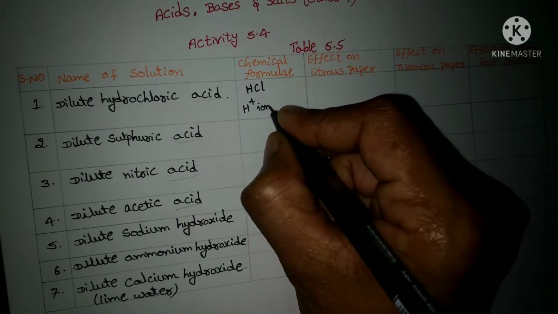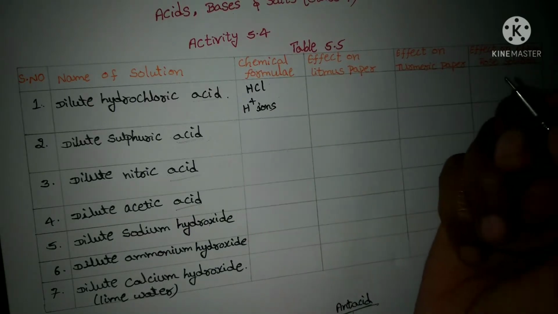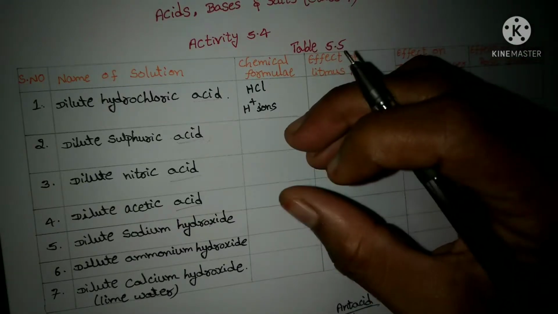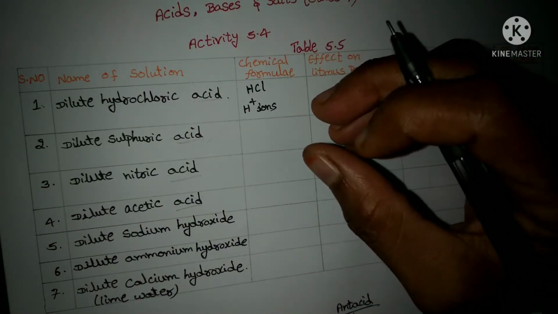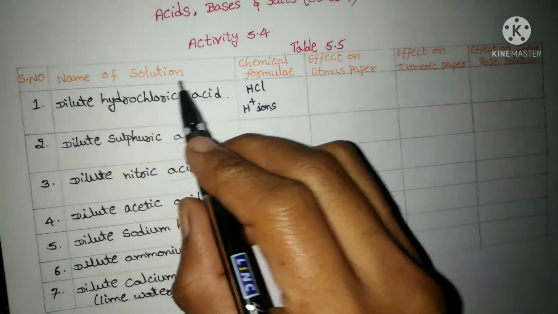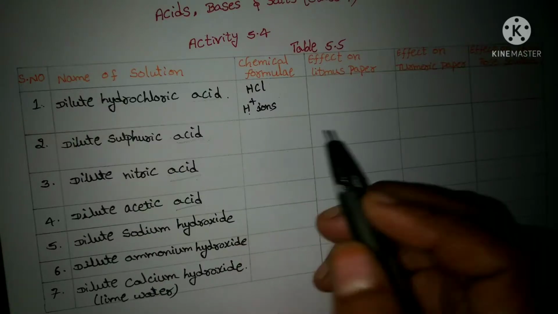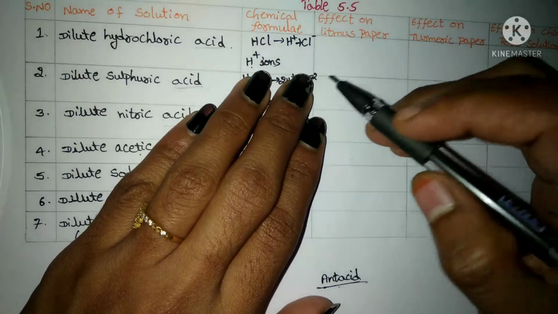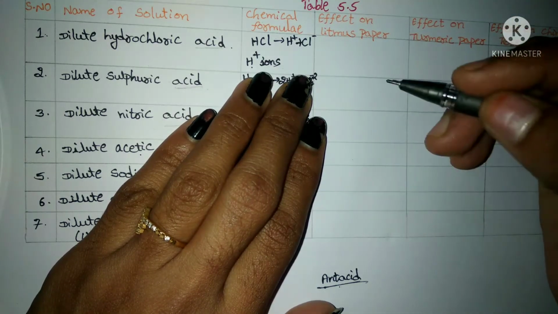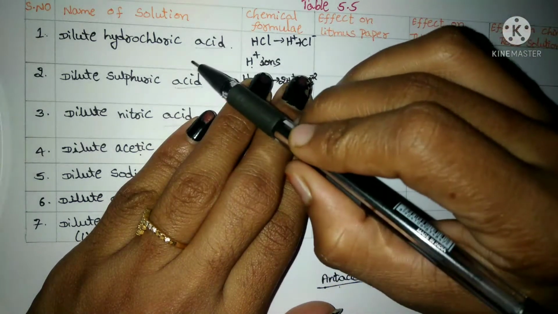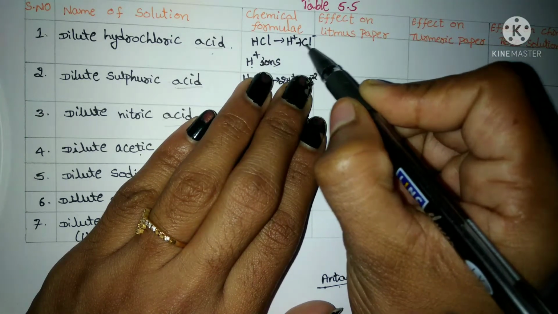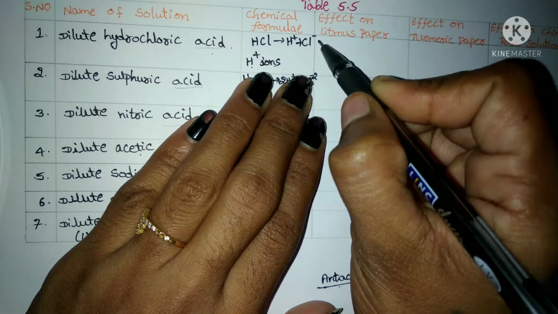Aqueous means in water. When the acid is present in water, we call that the aqueous state. So in their aqueous solutions, acids release H plus ions. Substances that can release H plus ions in their aqueous state are called acids. So here HCl will convert to H plus and Cl minus ions.